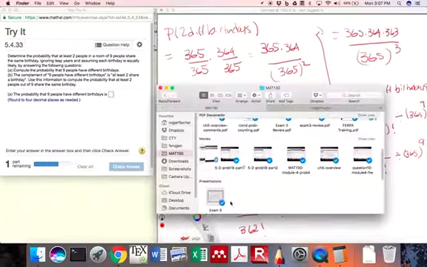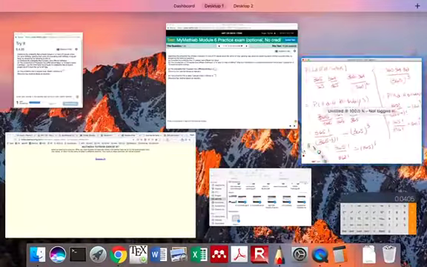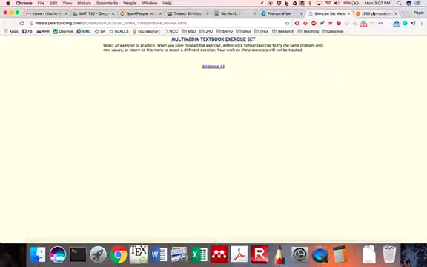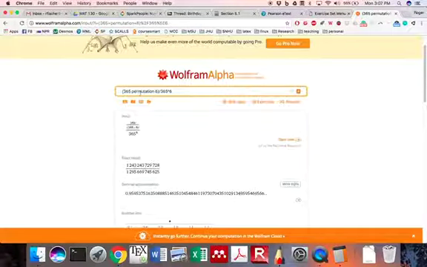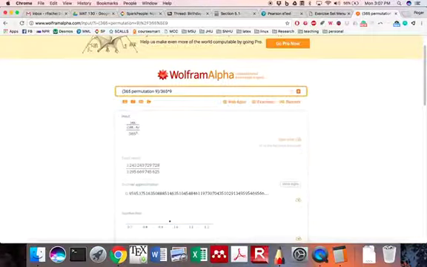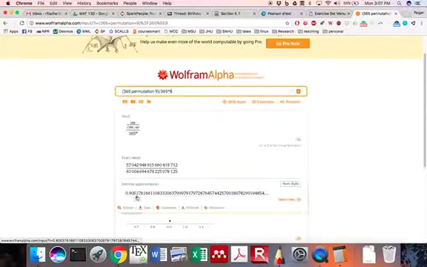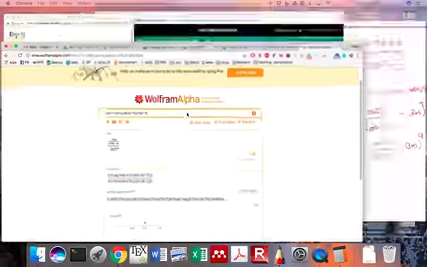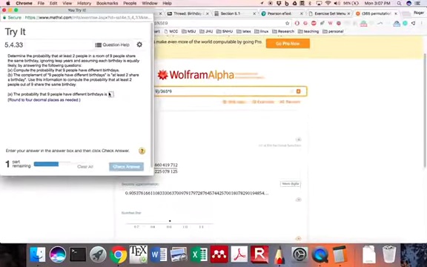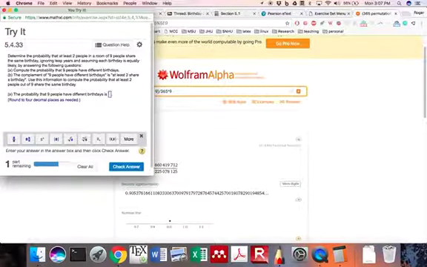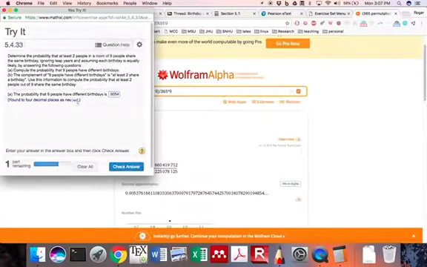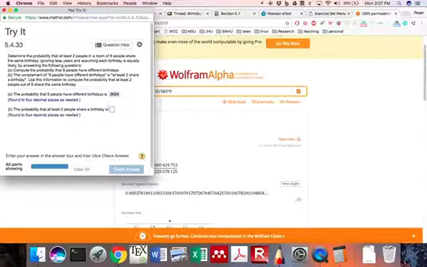And I'm going to use Wolfram Alpha to compute this. You can use your scientific calculator or whatever you like. So this was 9. So 0.9054. At 4 decimal places, 0.9054. Good job. Yay for me.